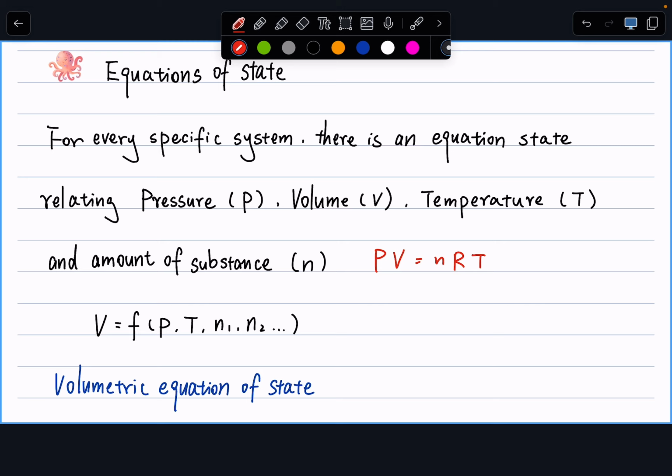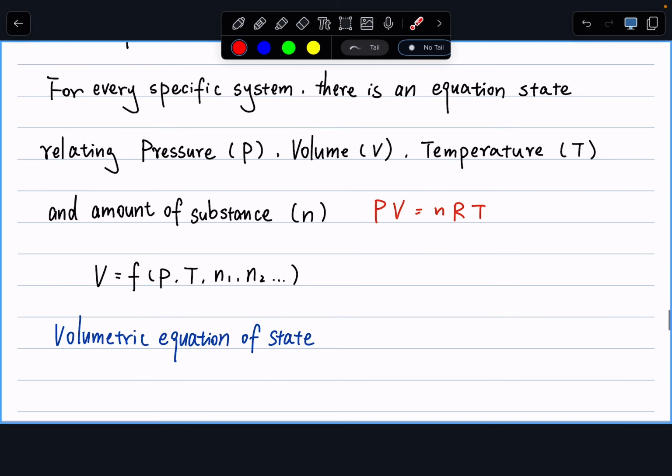For example, we have different versions of the equation of state and different ways to say it. This one will be a volumetric equation of state, meaning we're expressing volume as a function of pressure, temperature, and number of moles.